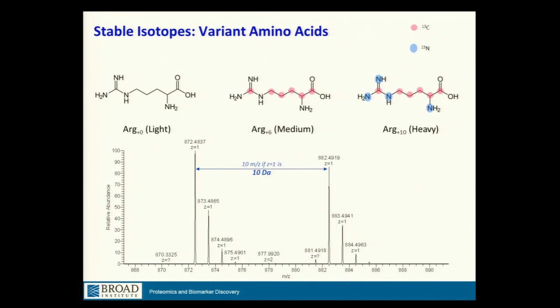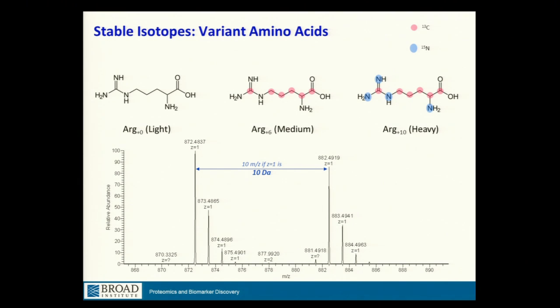So, for example, we all know that proteins are made up of amino acids. What happens if there are amino acids that have stable isotope atoms introduced into them on purpose? Here we have an example of arginine, which can be labeled with stable isotopes in a few different ways, and these are just 2 examples.